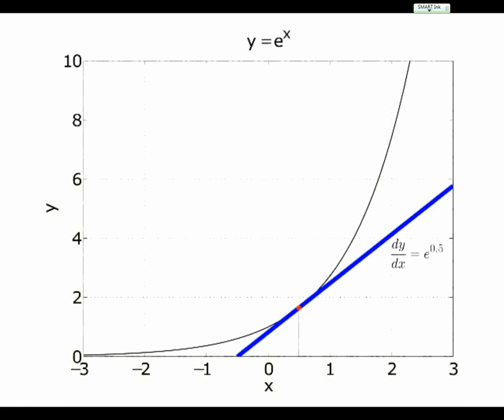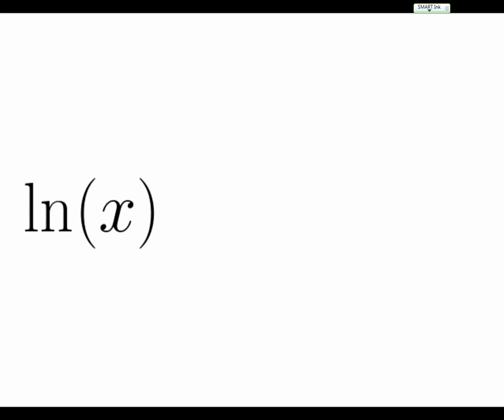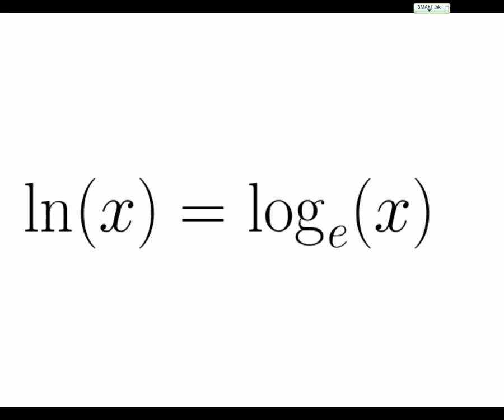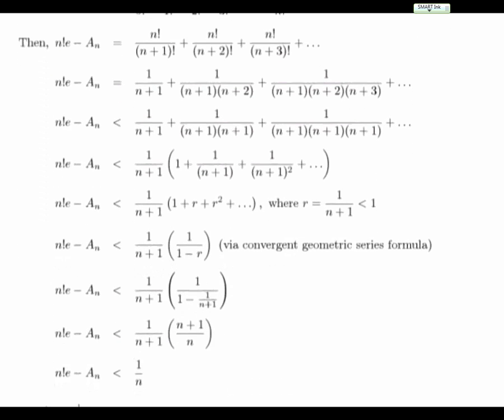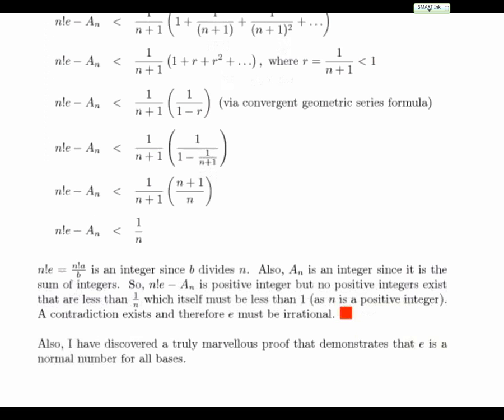The function e to the x is its own derivative. The natural logarithm is the inverse. 2.7183.